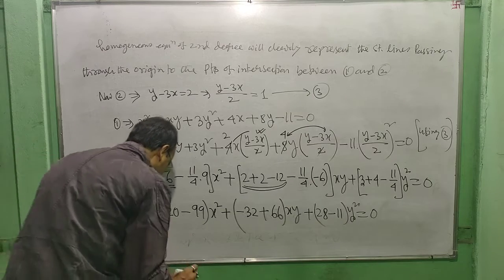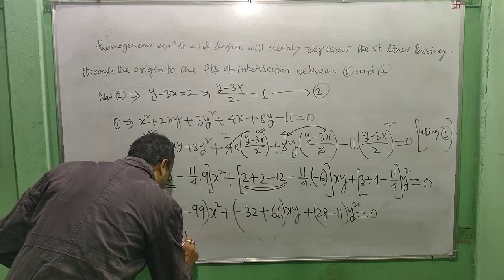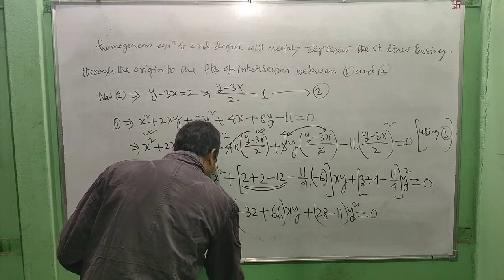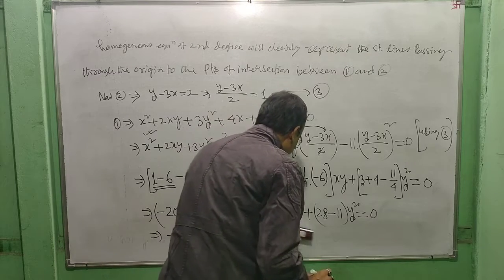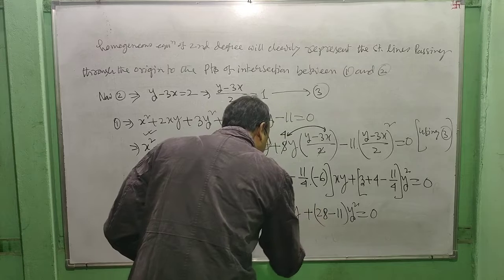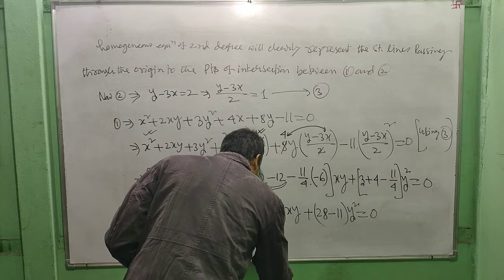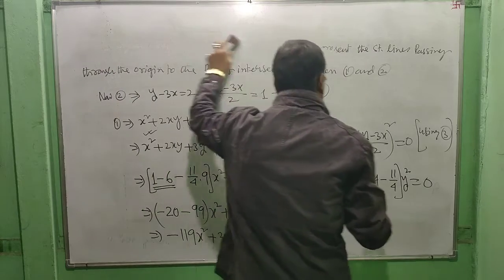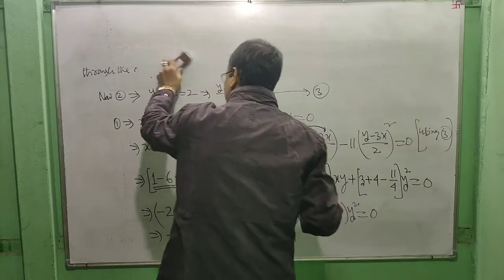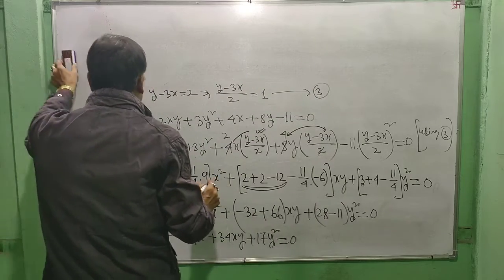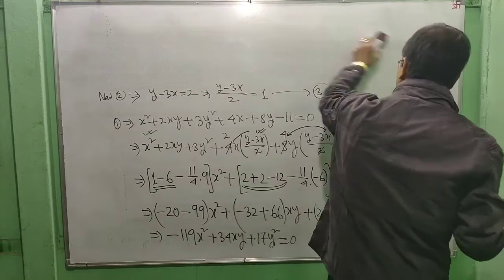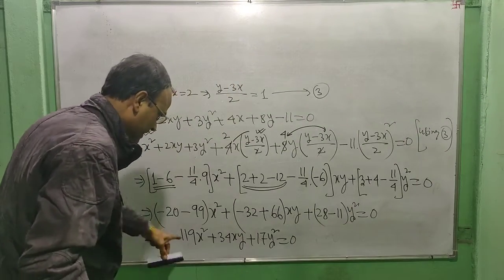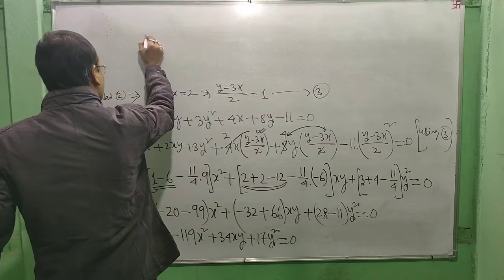This means minus 119x square plus 34xy plus 17y square equal to 0. Now divide it by 17.